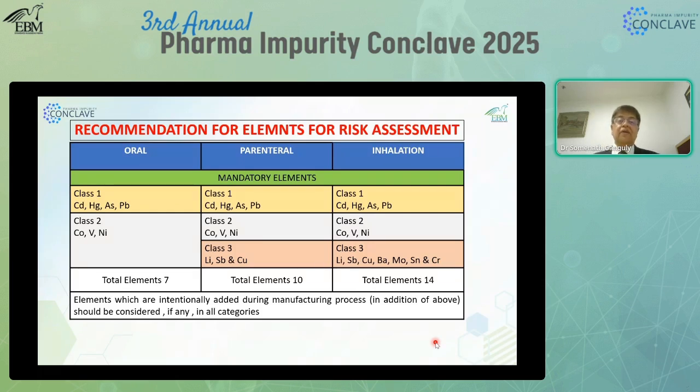So in your risk assessment, you have to mandatorily give justifications for all these elemental impurities, their sources, presence, control, and so on.